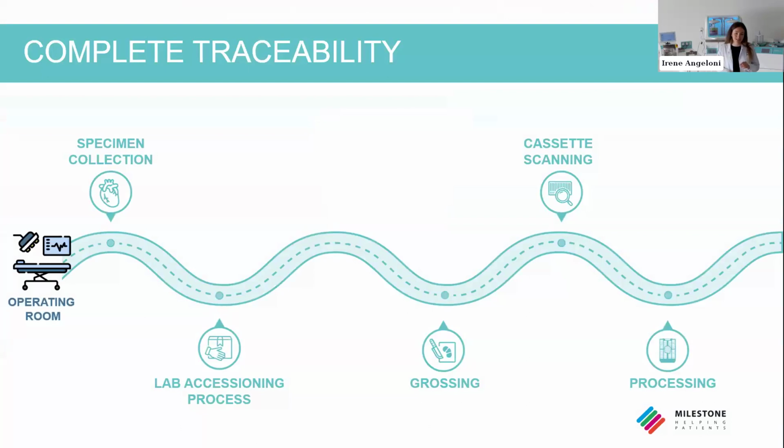We have seen the traceability in the step of the cassette with the tracking solution. But to have a complete documentation, it's important to track the specimen during its entire journey. So from the operating room to the grossing to the processing step. So the entire path of the sample.